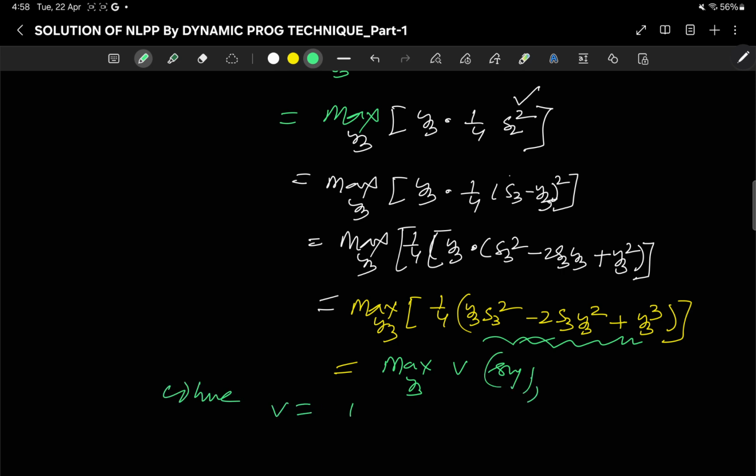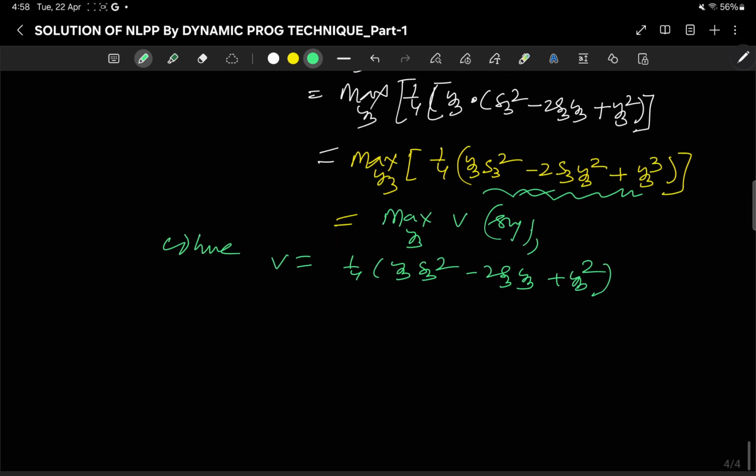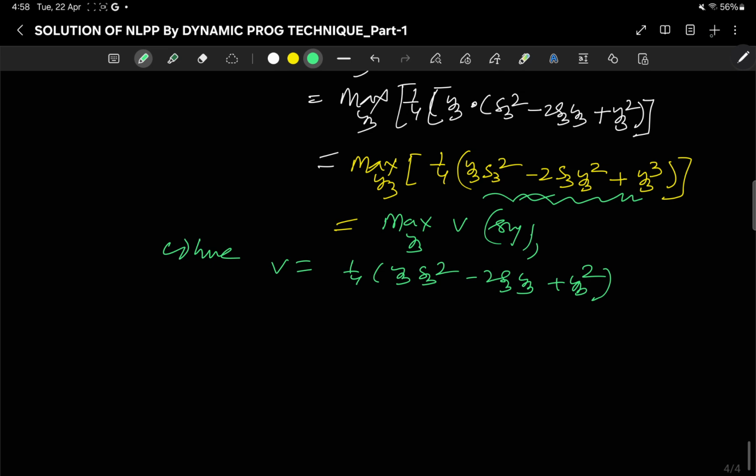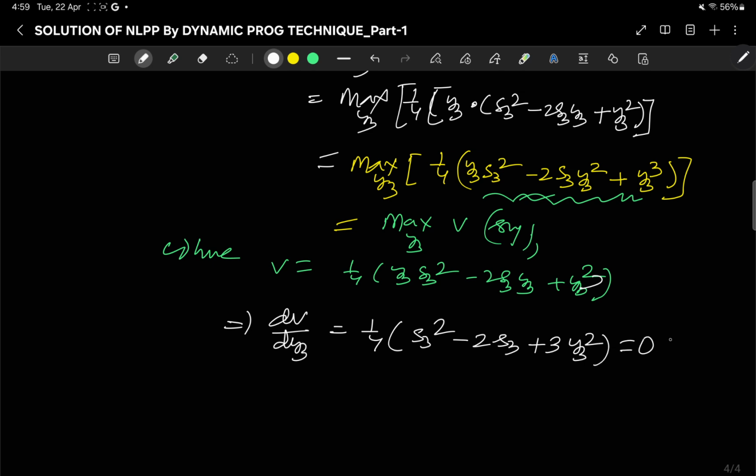I apply the first derivative: dv/dy3 is equal to 1 by 4 (s3 square minus 4 s3 y3 plus 3 y3 square), and this is equal to 0 because of the first order condition.